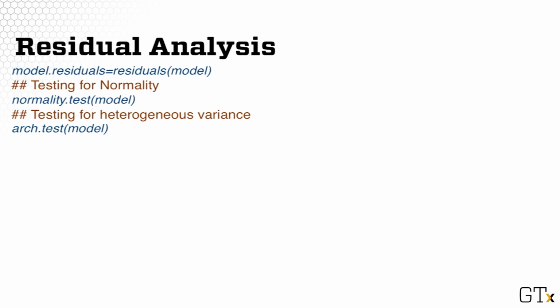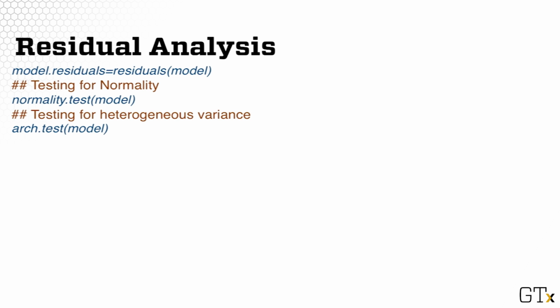Next, we'll take a closer look at the residuals of the VAR model fit. For that, we can use the residuals R command to extract the residuals, which are approximations of the error terms of the three regressions. The residuals of the three regressions are all stacked into one vector. We can assess normality using a hypothesis testing procedure, where the null hypothesis is that the data, the residuals in this case, are normally distributed.